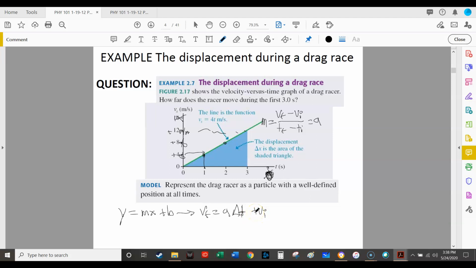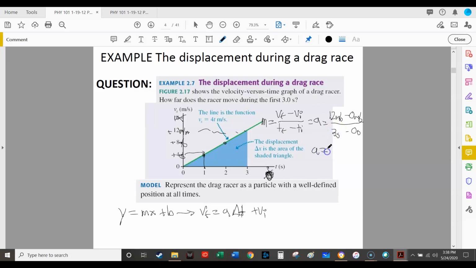Okay, so let's try to figure it out. What is the slope of this object? Well, in this case, it's a line. We could say it ended at a speed of 12 meters per second. It started out at a speed of 0 meters per second at time 0, and it ended at 12 meters per second at time 3 seconds.